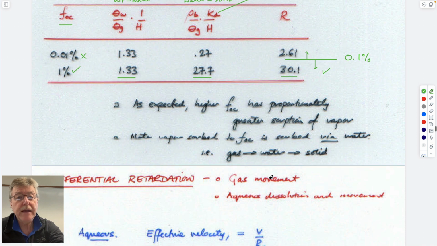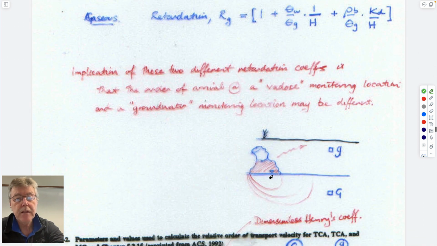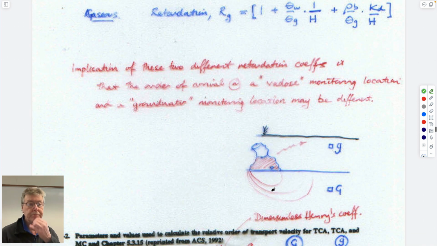So that begs the question, then, what happens if you have something locked up in the vadose zone, like we've talked about, and that this can diffuse in the vadose zone, or it also can contact the groundwater zone, and it can also diffuse in groundwater.